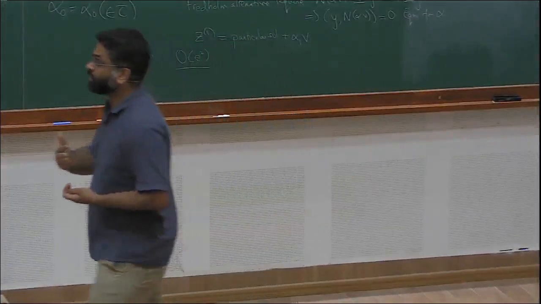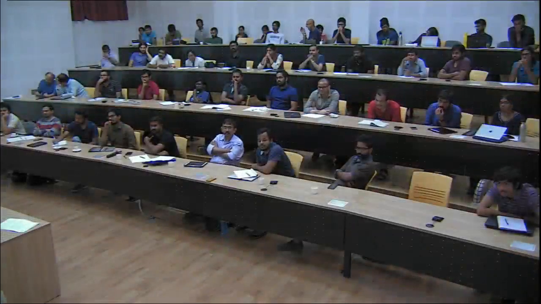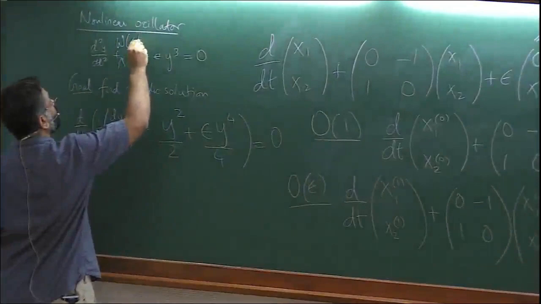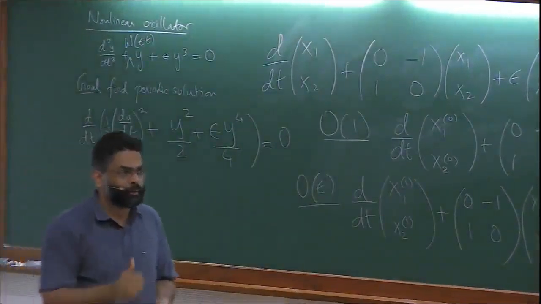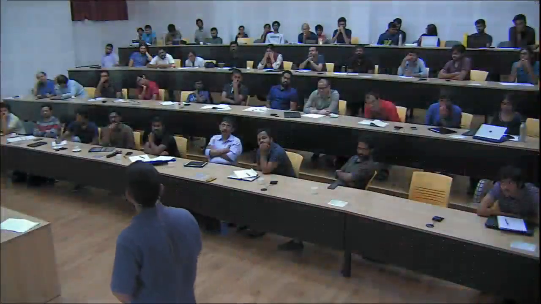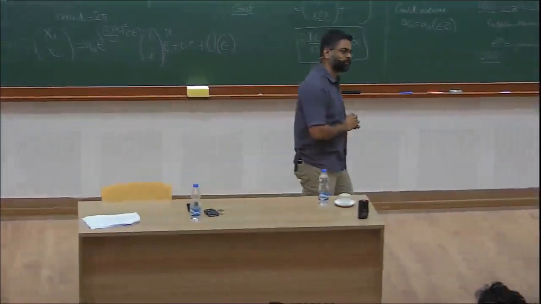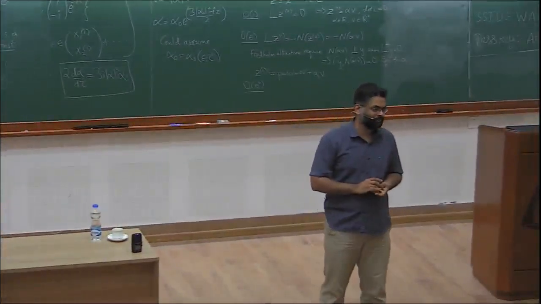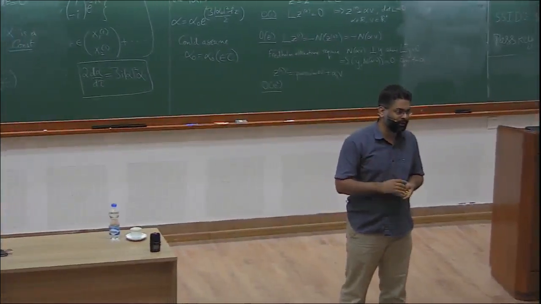So for instance, that was a constant. It was a constant 1 previously. Let's replace it by a function that I don't know, and let's find the function. Usually that's what you do in a method called WKB. Usually that works only for linear equations.